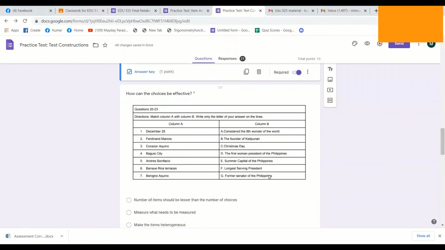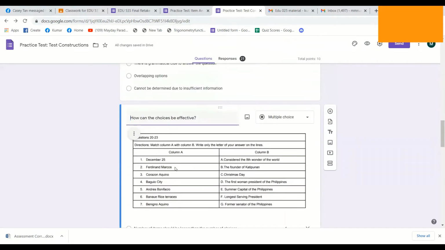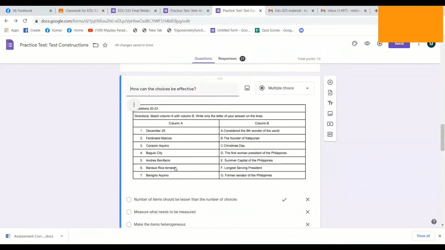Okay. How can the choices be effective? So it states here, how are we going to make the options effective?